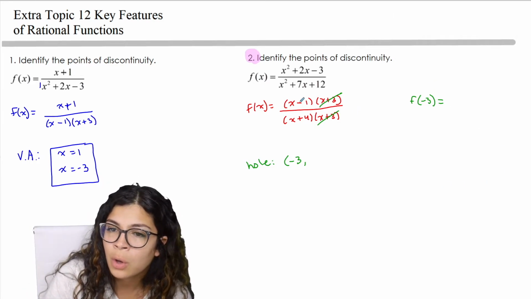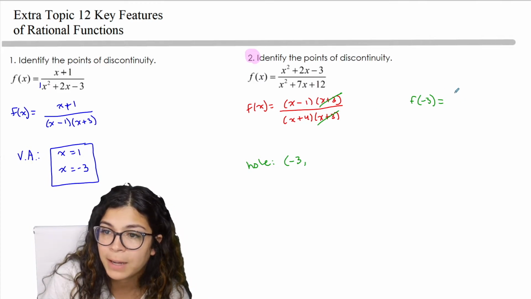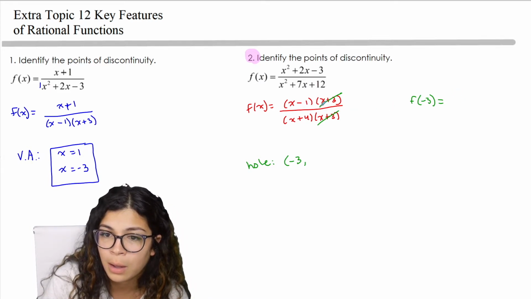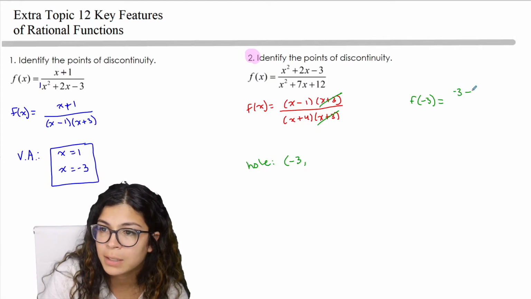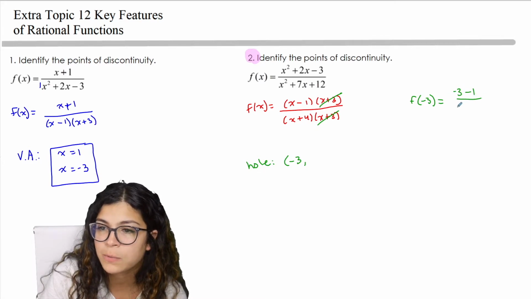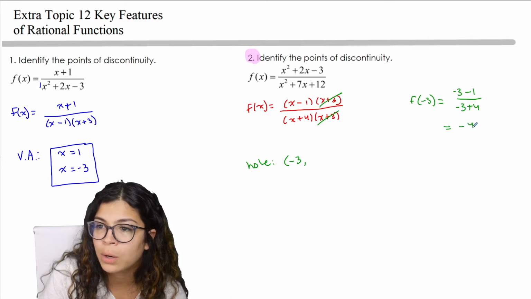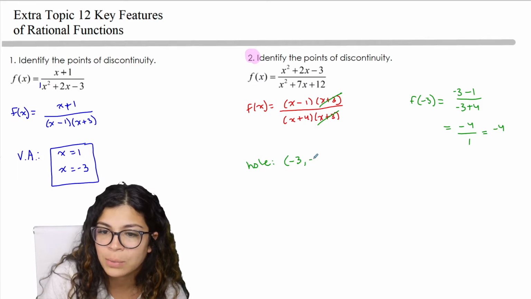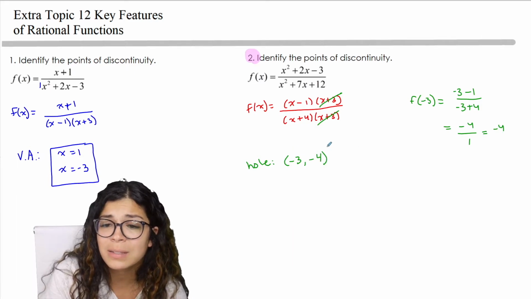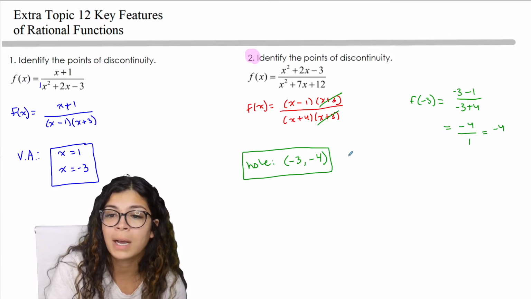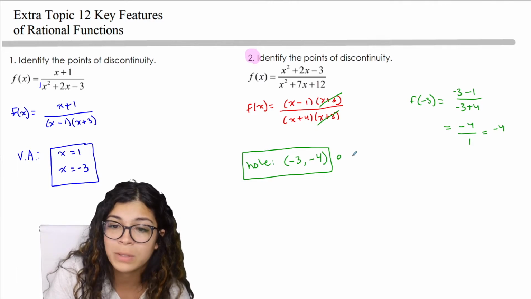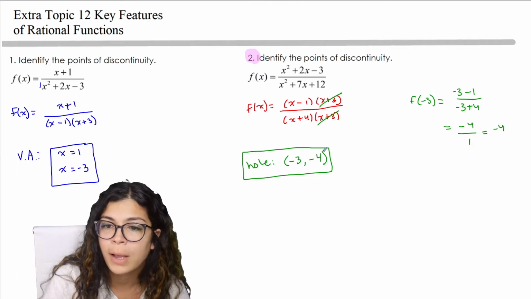So you always have to use the simplified version of your function. So x minus 1, negative 3 minus 1, over x plus 4, negative 3 plus 4. So we end up with negative 4 over 1, so our output for that input of negative 3 is negative 4. And again, this is actually an empty hole. If I were to graph it, I would graph it as an open circle at that point, okay?